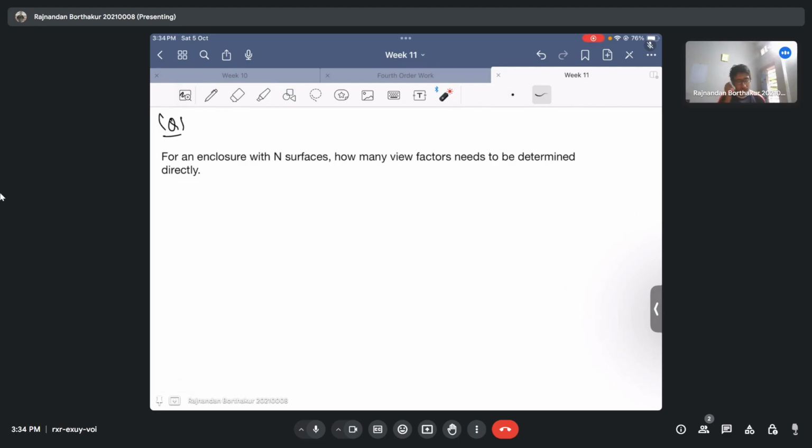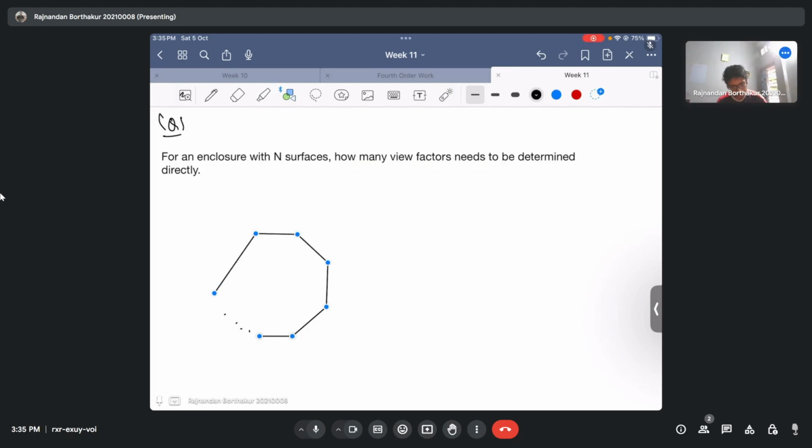It says that for an enclosure with n surfaces, how many view factors need to be determined directly? It's a very straightforward question. If I have an enclosure, I will just draw an enclosure, maybe like this, and there could be n number of surfaces between these.